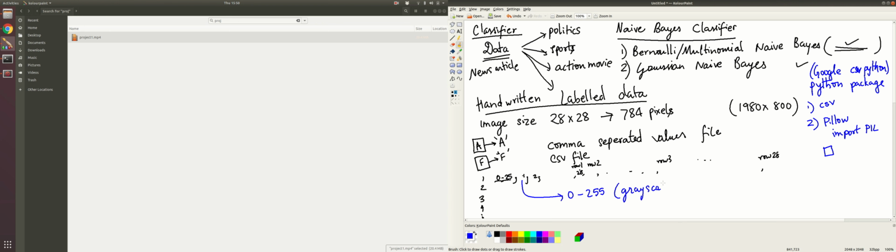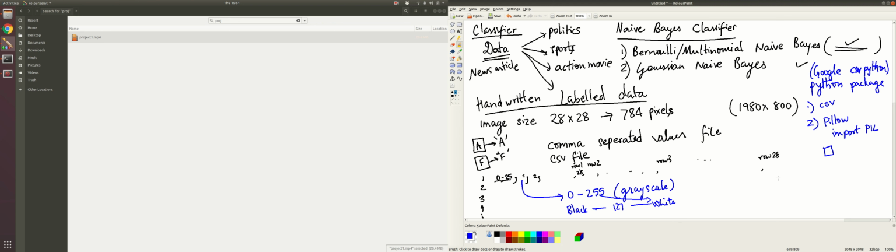So what does that mean? So basically 0 is like complete black, okay, and 255 is like fully white. Okay, so any number between them is like how much of black and white is being mixed. So it could be 127, 128 and so on. So each of these pixels is taking a value from 0 to 255.